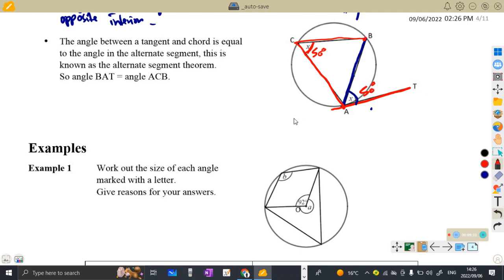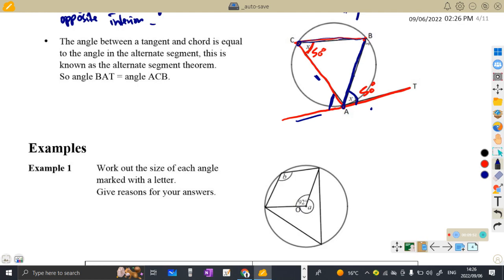Okay, so that means, let's say I just extended this tangent like this. What does it mean? It means here there is an angle which is created between the tangent and the chord. This time we are referring to chord AC. So you hold your chord AC to the circumference of the circle.